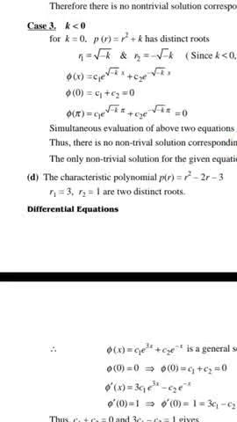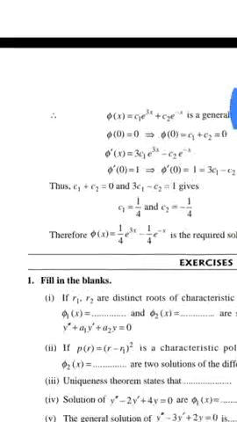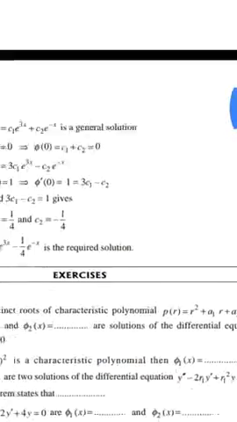Therefore, the characteristic polynomial of the given equation is p of r is equal to r square minus 2r minus 3. Therefore, r1 is equal to 3 and r2 is equal to minus 1, two distinct roots. Therefore, the solution is phi of x is equal to c1 e raised to 3x plus c2 e raised to minus x, the general solution.